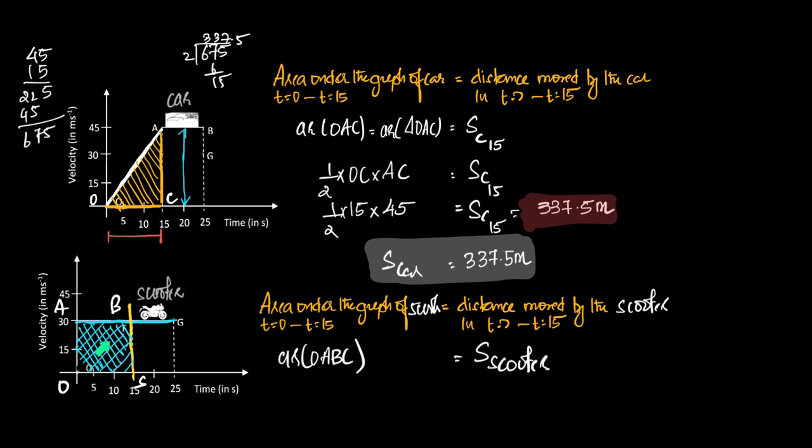Geometrically, this is a rectangle. So this becomes the area of rectangle OABS.